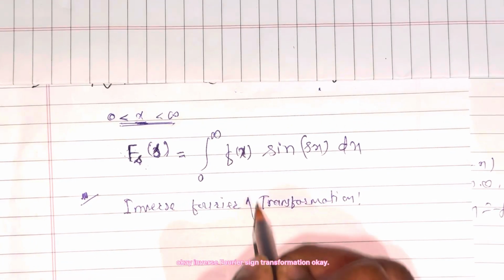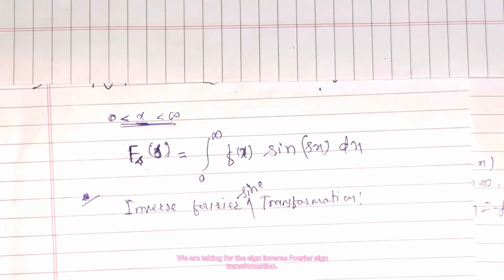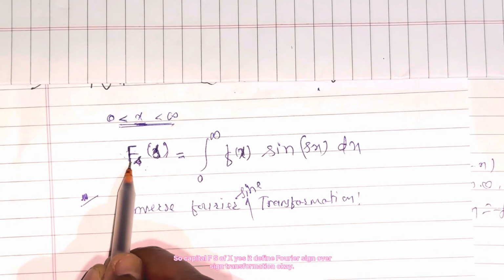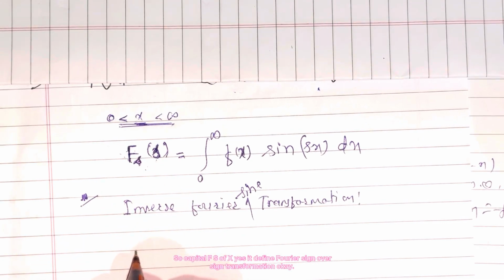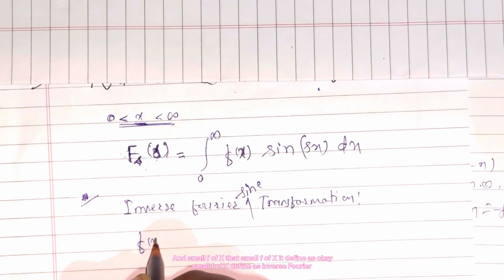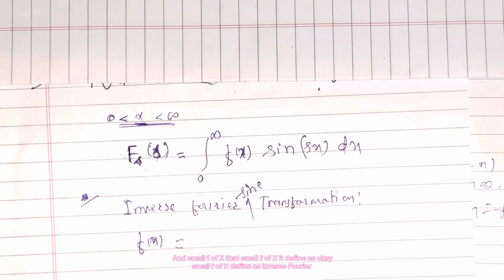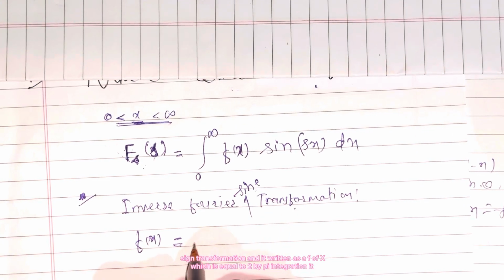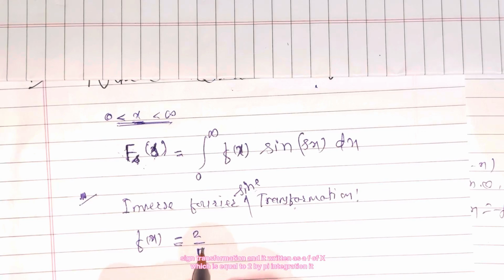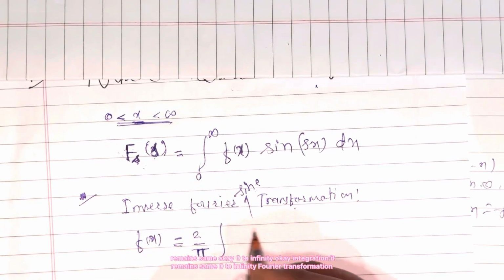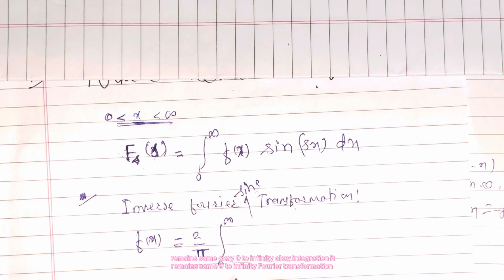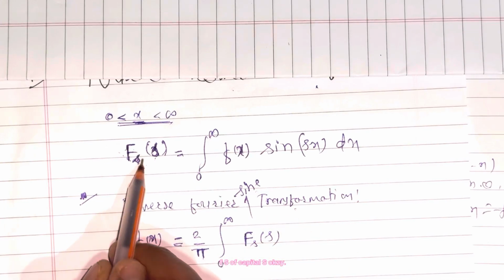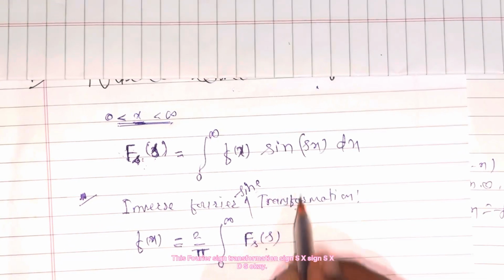Capital F sub s of S defines the Fourier sine transformation, and small f of x is defined as the inverse Fourier sine transformation. It is written as f of x equals 2 by pi times the integral from 0 to infinity of F sub s of S sine Sx ds.